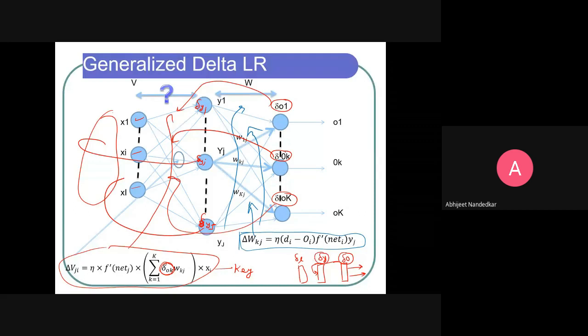Delta Y is used for this layer's weight updation. Delta L may be used for the previous layer. Like that, this error signal is traveling in the reverse direction. That's why it is called error backpropagation. Since error is traveling in the reverse direction, it is called error backpropagation. So we'll stop here. We will see an example in the next class.